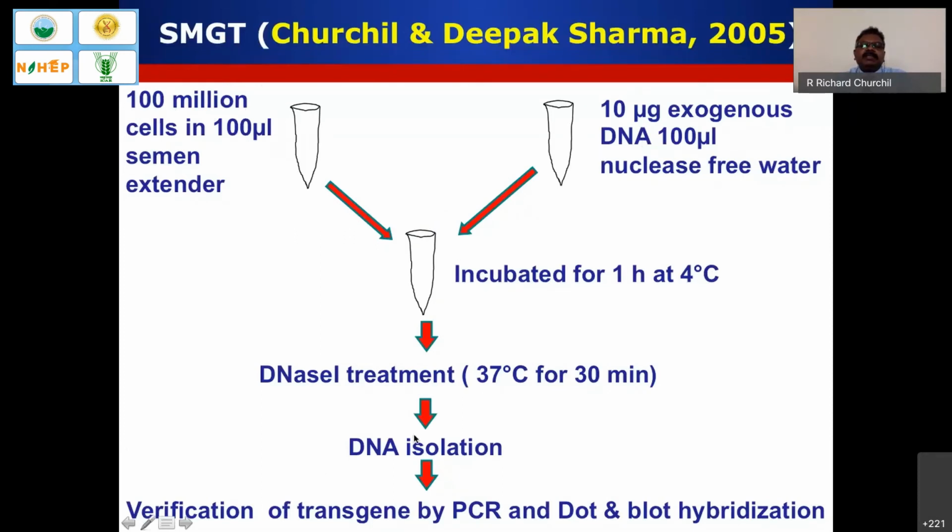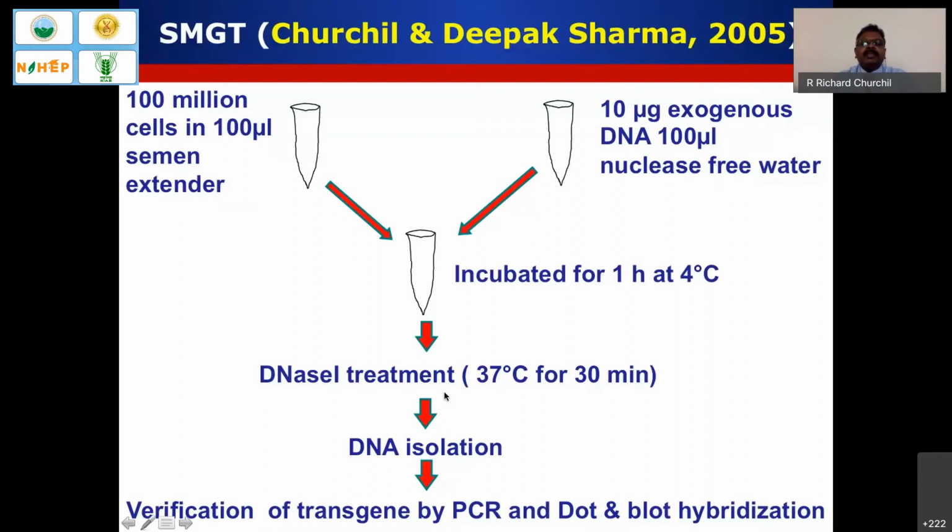So some cells will take up the DNA. After incubation, we again go for DNase treatment to destroy whatever DNA is outside the cell. Only the foreign DNA which has gone inside the sperm cells will be protected. Whatever extra DNA we have added, if it is there, it will be destroyed.